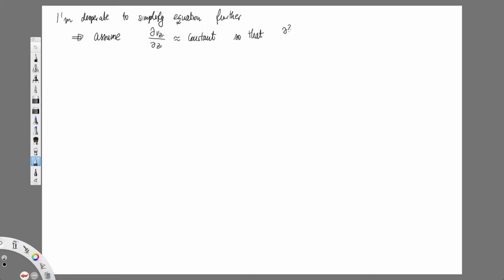So I'm going to state this quite frankly: I'm desperate to simplify the equation further. So I'm going to assume dvz dz is approximately constant, so that the second order derivative is approximately 0.